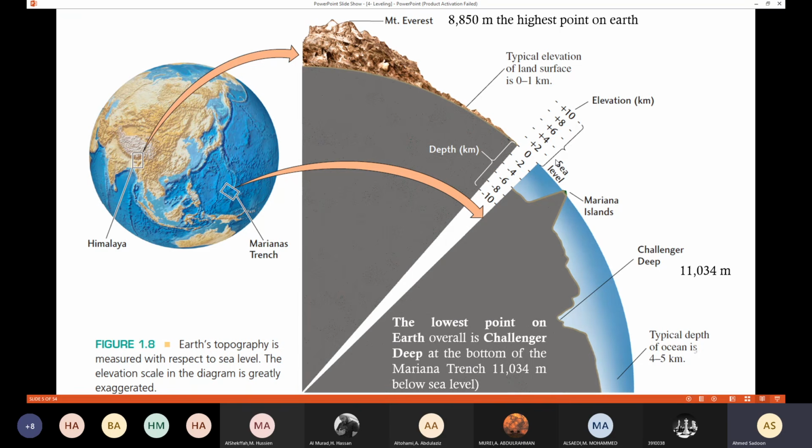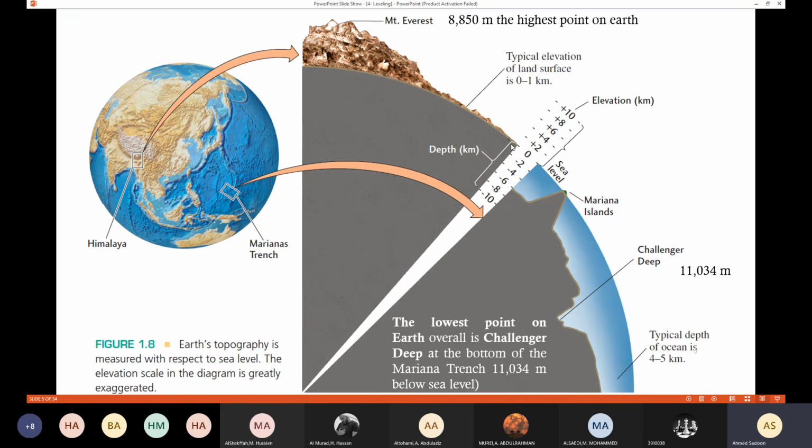So the sea level has been chosen to be the reference for your measurement. When we say that the height of the mountain is 10 meters, that means 10 meters above the sea level. If you say that I have a valley, and the depth of the valley is -10, that means 10 meters below the sea level. So the sea level is my reference.